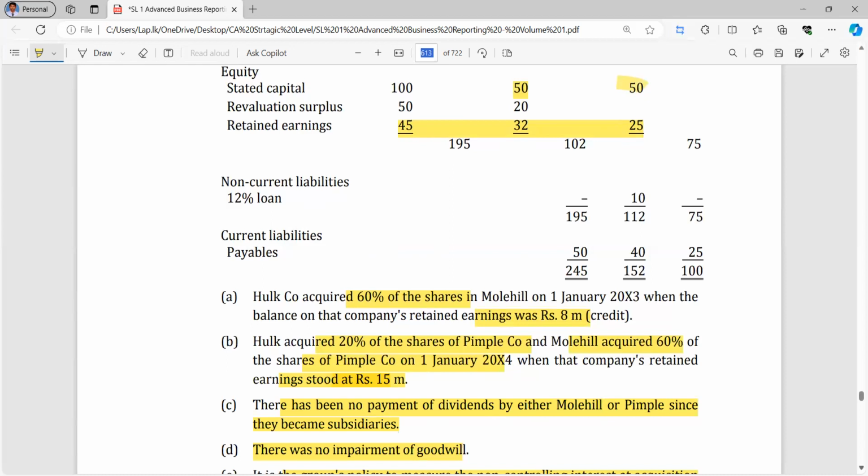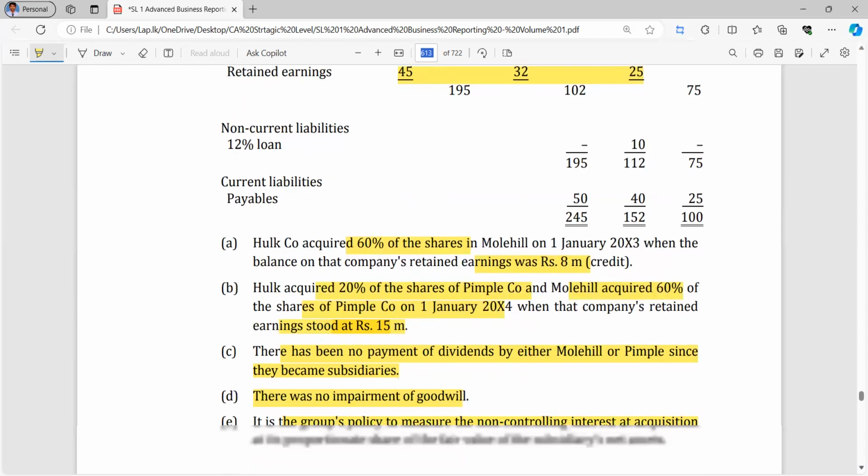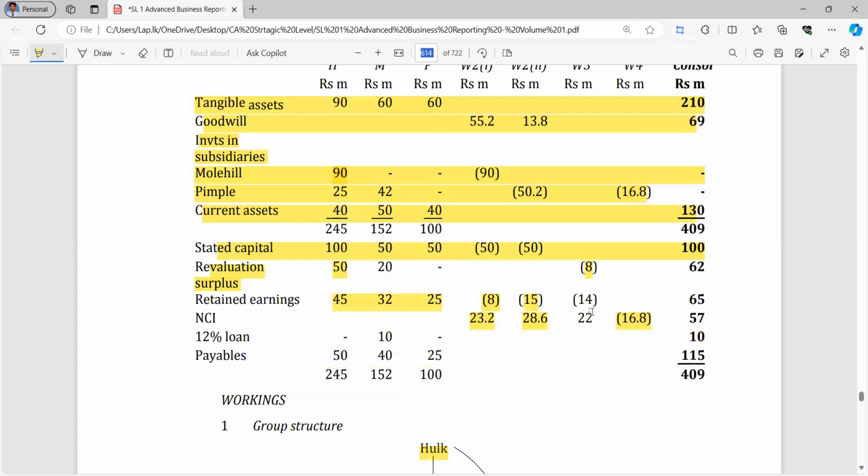The 25 minus the pre-acquisition is 15. Out of that, the 44%, 4.4 and 9.6 altogether, we have 14, that's why it is written 14 here. Debiting 14, credit to NCI 22.